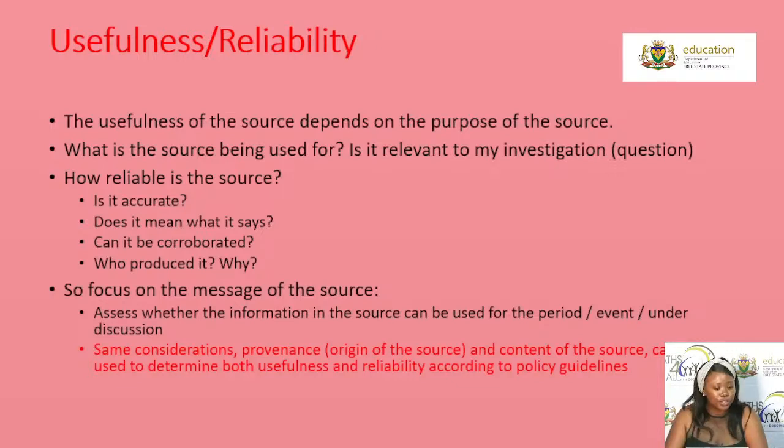And now you need to focus on the message of the source. Assess whether the information in the source can be used for the period or the event under discussion. And then the same consideration: the provenance, the origins of the source, and the content of the source can be used to determine both usefulness and reliability according to the policy guidelines.